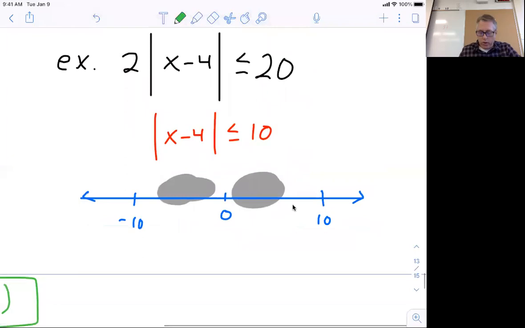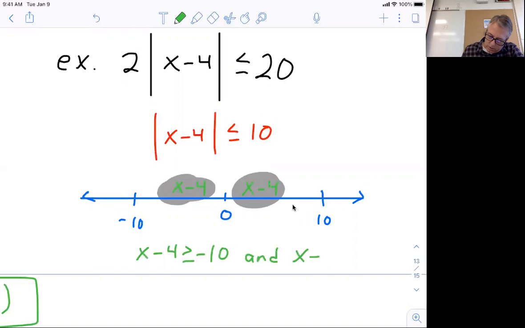So my two equations are that x minus 4 has to be greater than or equal to -10, and x minus 4 would be less than or equal to +10.